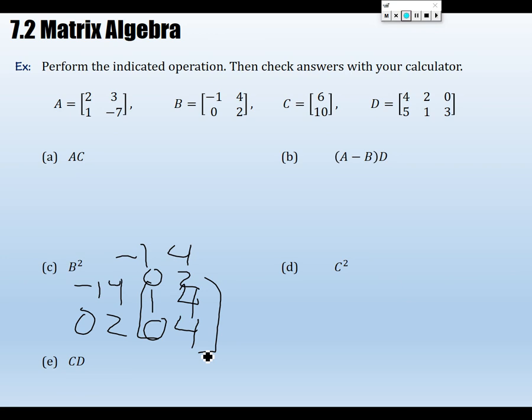To find the first entry, you multiply and add: negative 1 times 4, plus 1 times 0. So the result is going to be 4 by 2. And this one just went undefined.